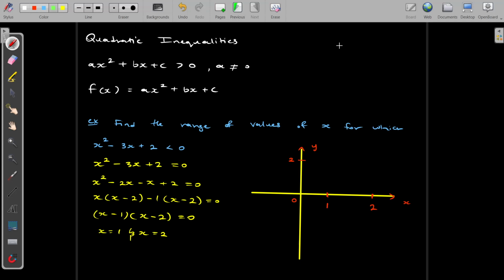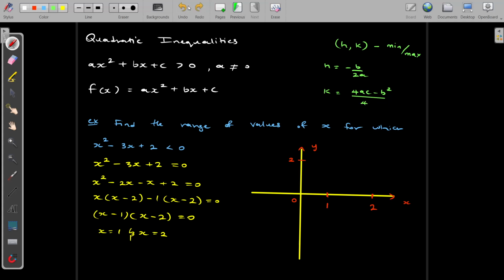So the minimum would be at h, comma k. Minimum or maximum would be at hk, where h is equal to negative b over 2a and k is equal to 4ac minus b squared over 4a.